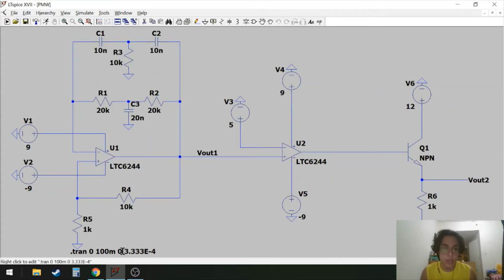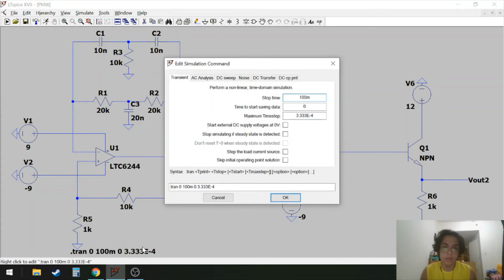So we placed our maximum time step here as 3.3333e raised to negative 4, so that we achieve that sampling rate of 3000 hertz.